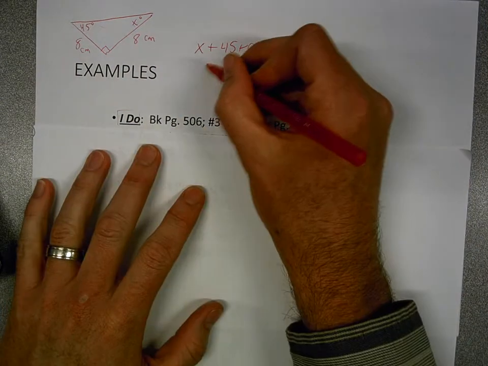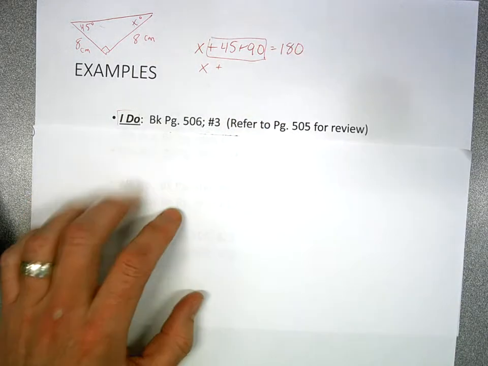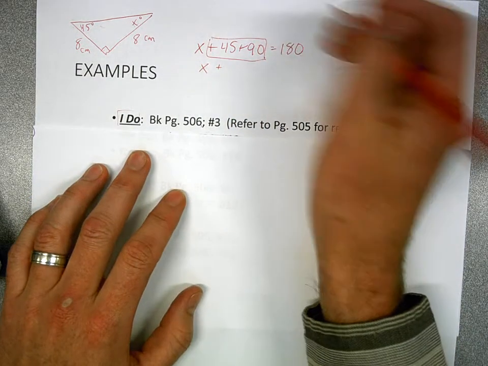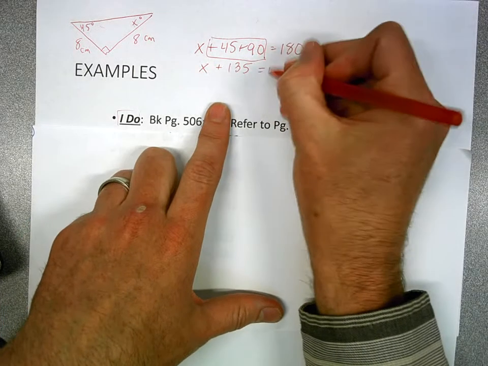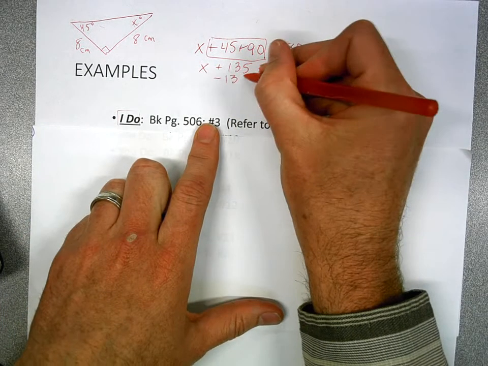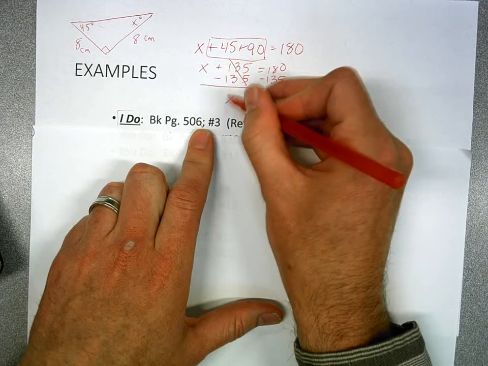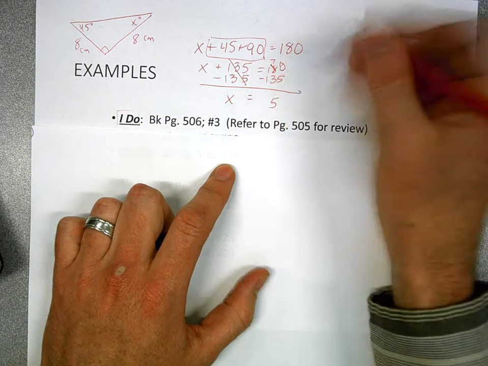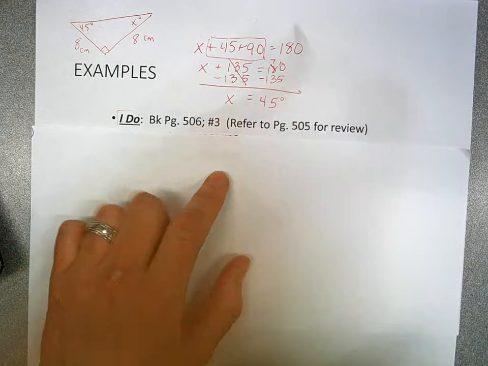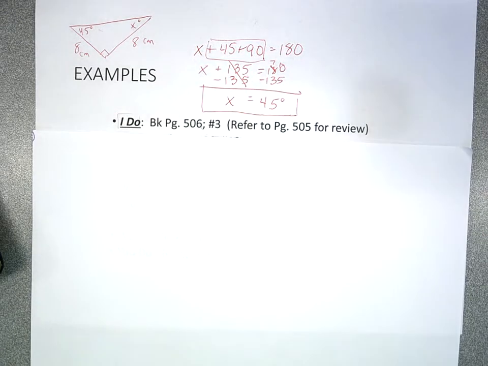Just like in our last lesson, I'm going to combine like terms. 45 plus 90 is 135. I solve for x, and we get x is equal to 45 degrees. So that's the first thing.